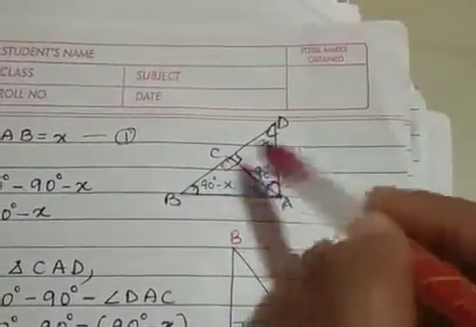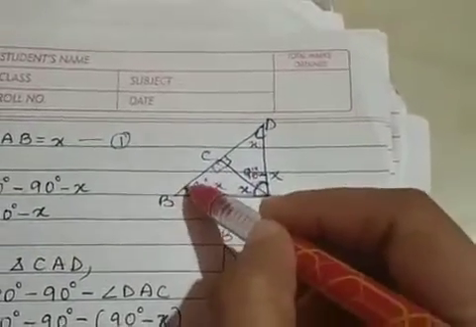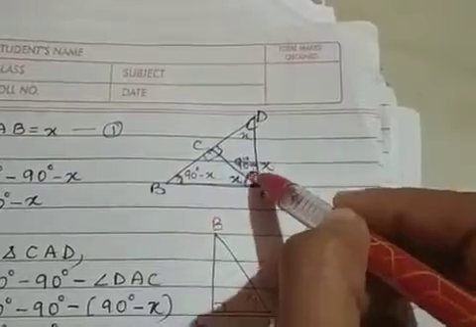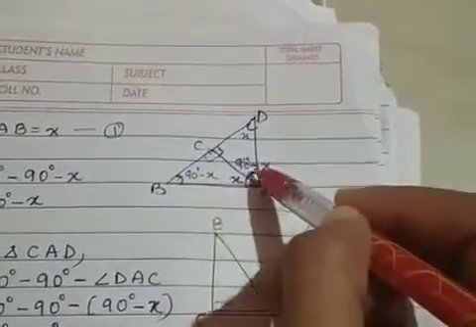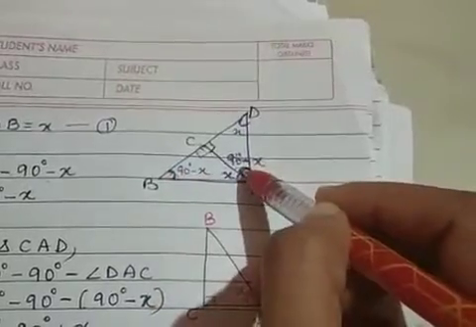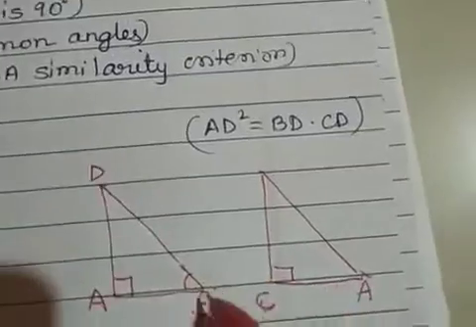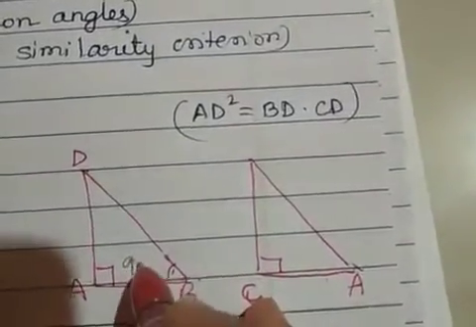So in the bigger triangle, one triangle you have taken is DAB. So this angle will be equal to this angle, correct? This is 90 minus X. So this is 90 minus X. So the angle corresponding to B is A. So this is your angle B. So this is 90 minus X.